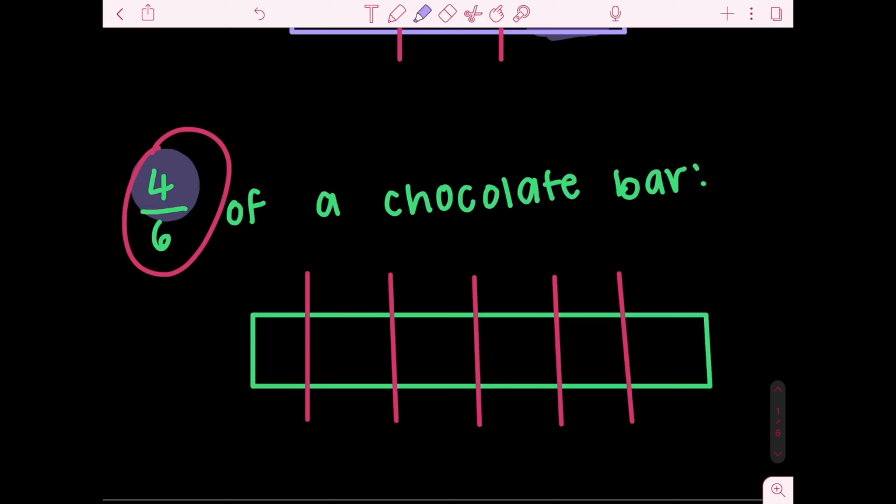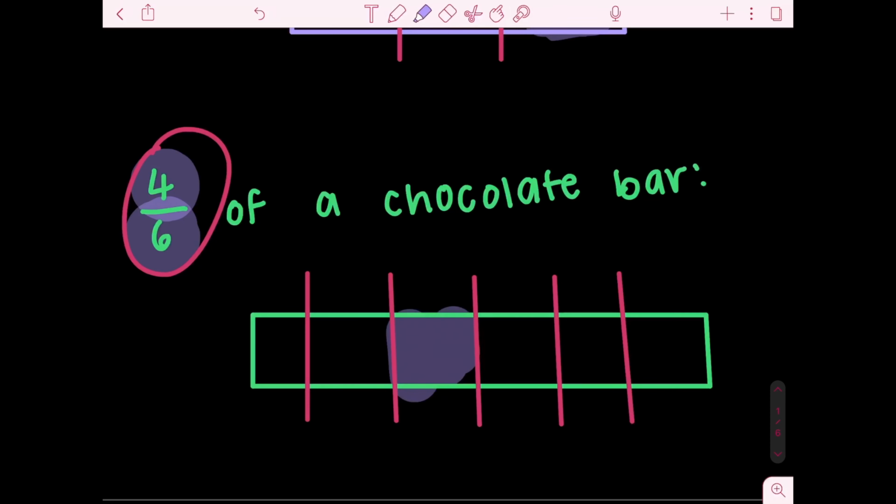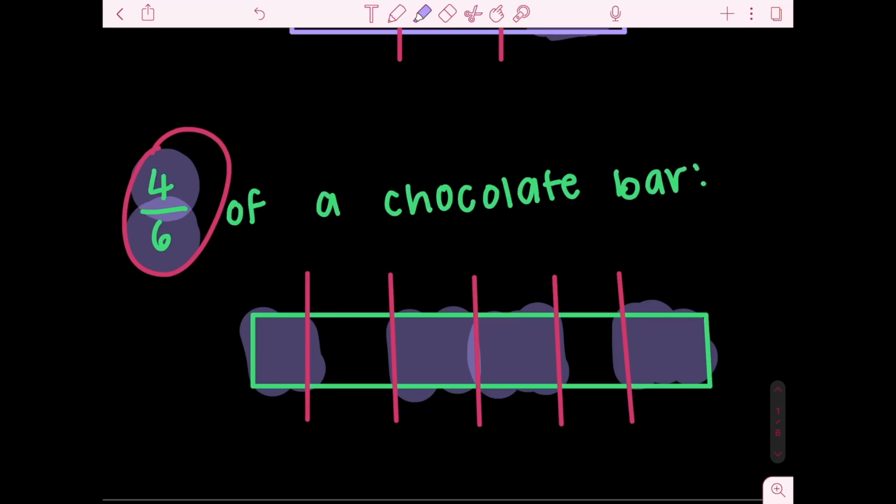And our chocolate bar is divided into 6 total pieces. So if we can only take 4, we can take 1, 2, 3, 4. Or if you want to mix it up a bit, you can do 1, 2, 3, 4. You just have to take 4 pieces, and that's it.